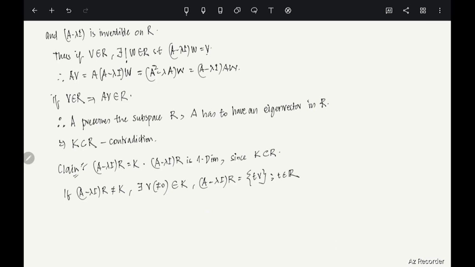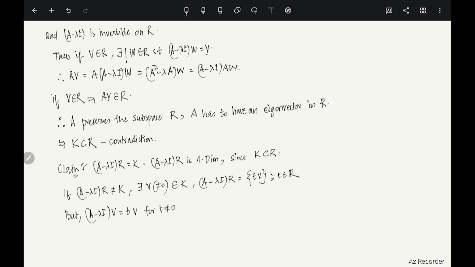Yes, A minus lambda I times R should be TV, right? Yes, that is what we are going to get. Okay, but you see, A minus lambda I times V should be equal to T times V, for some T non-zero.